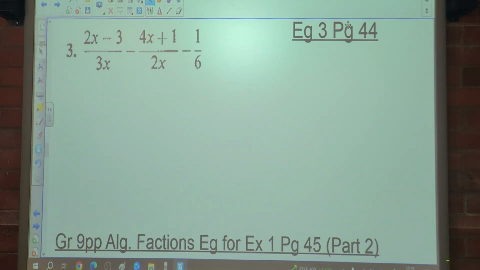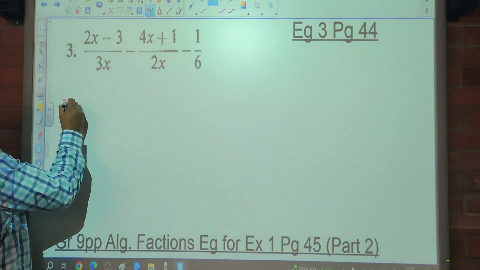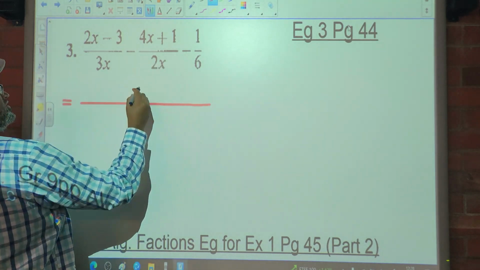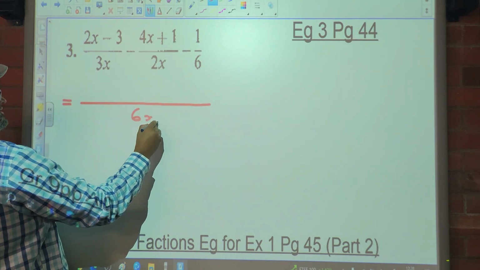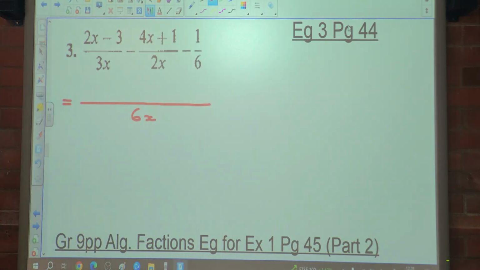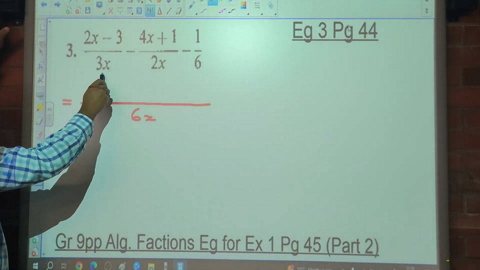What is your LCM? 6. For the numbers it's 6. But there's an x involved here. So it's actually 6x, your LCM.